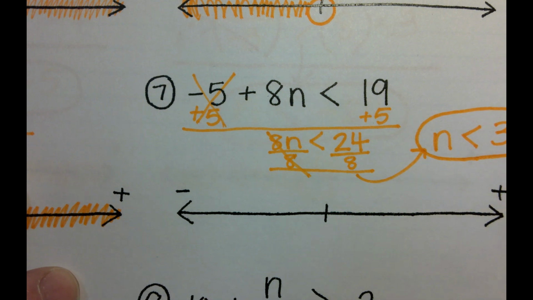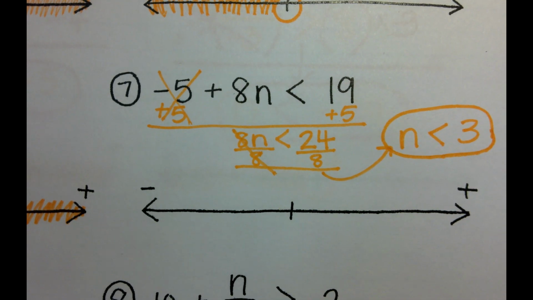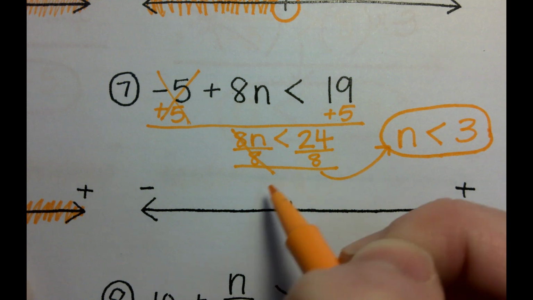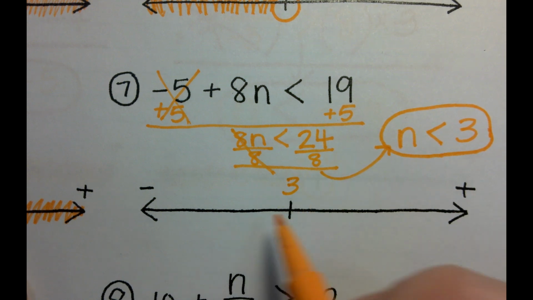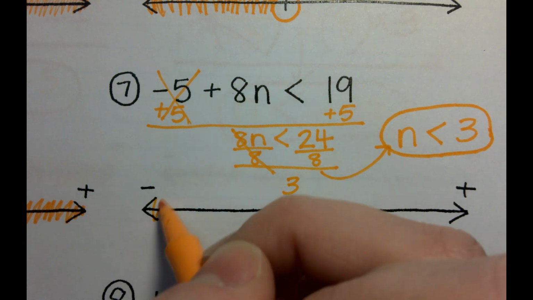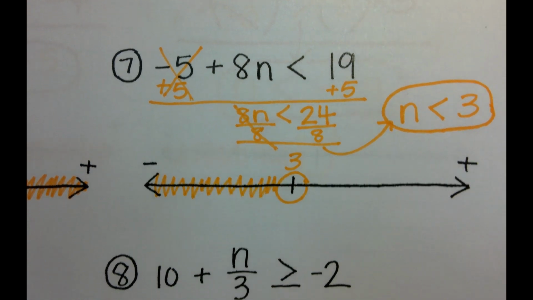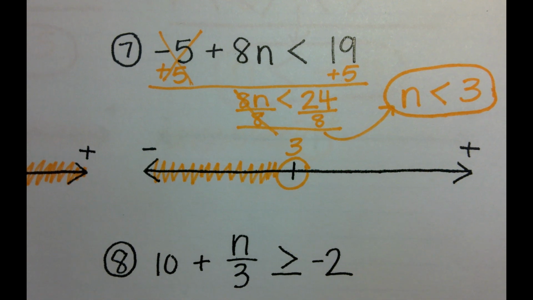Very good. N is less than 3. And our graph, 3 on the tick mark. Circle, open or closed? Open, good. To the left. Very good. Any questions on that one?